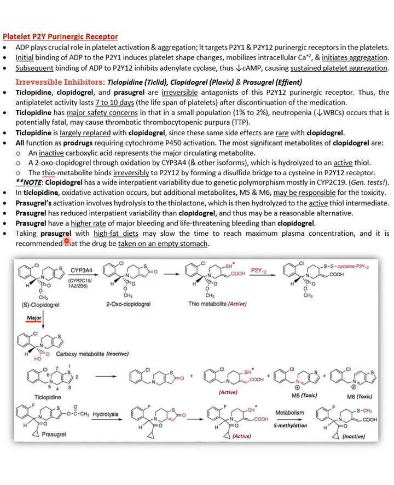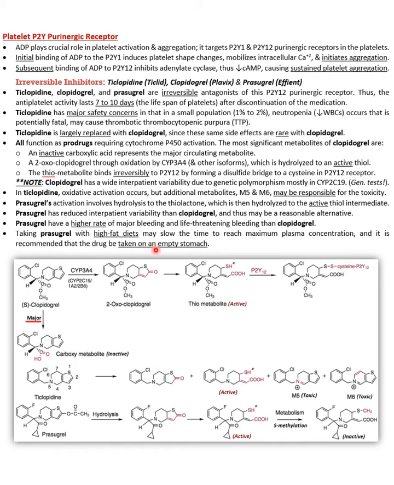Okay. Finally, taking the prasugrel with high-fat meals would slow down the time it takes for the drug to reach the maximum concentration, and therefore it is recommended to be taken on an empty stomach. So there are two examples here in these notes that talk about taking this drug with high-fat diets.